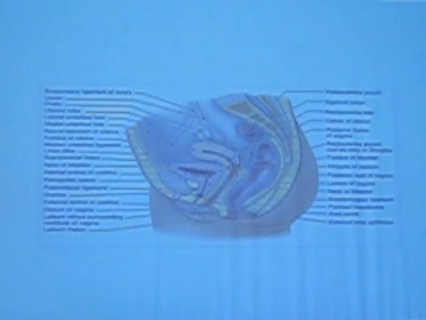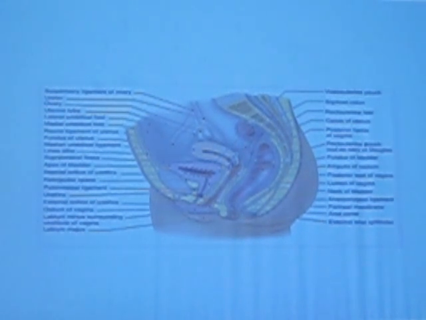The infection or inflammation lies in these areas: utero-vesical pouch, pouch of Douglas, recto-uterine pouch. If I want to do culdocentesis, this is called the cul-de-sac.